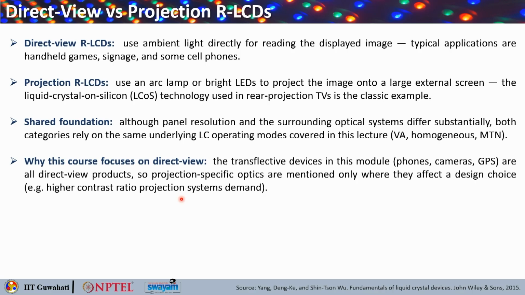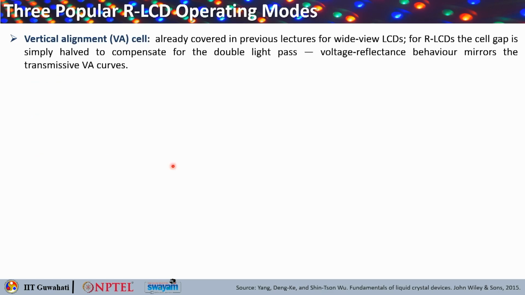Because when you go for the transreflective devices, something like in phones, cameras and GPS, okay, they are basically all direct view products, okay, and the projection specific optics are mentioned only where they could affect a design choice, okay, like the higher contrast ratio that projection systems demand.